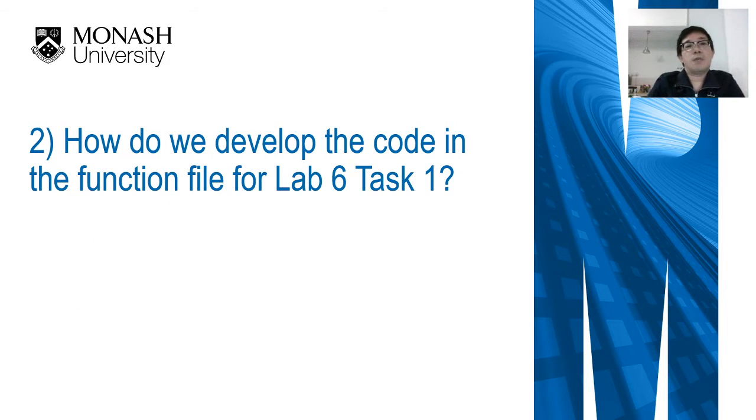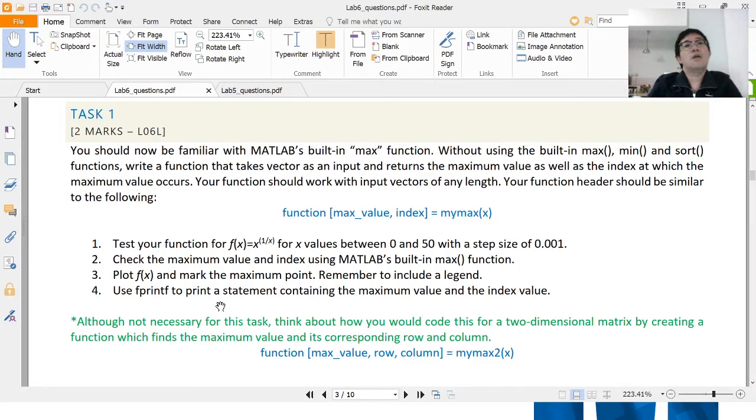Second question is about how do we develop the code in the function file for Lab 6 Task 1. Okay, this is Lab 6 Task 1. I will not discuss how to develop the code as the deadline for this Lab 6 is not over yet, but I will provide some guidelines on what this question asks you to do.